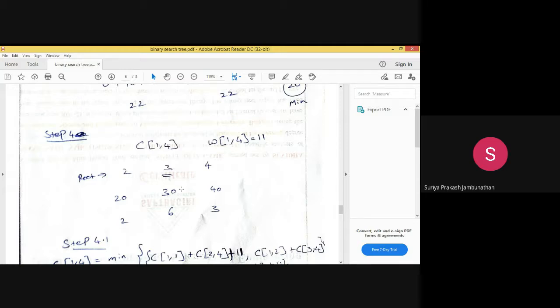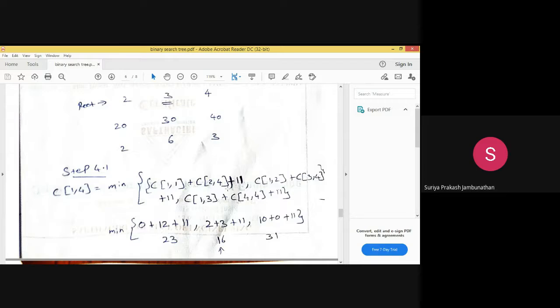For 3 the key value is 30 and the frequency is 6. For 4 the key value is 40 and frequency is 3. Okay. When you are identifying the W of 1, 4, we are getting 11. So adding all these things, 6 plus 3 plus 2, we are getting 11. So that is the frequency calculation.